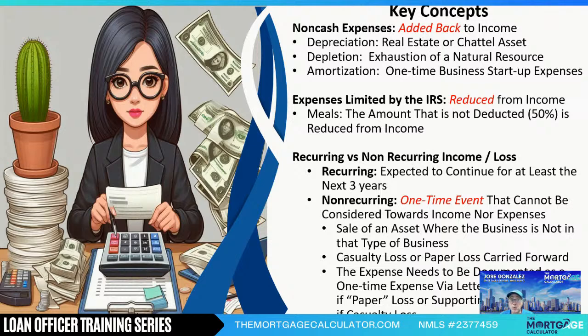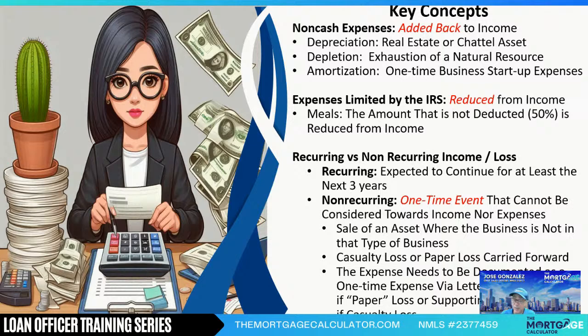Now, where we really like to use this category of non-recurring is in the losses, right? You get a non-recurring loss that you can add back. So you could have, for example, a business 4 years ago that had a $1 million loss, and through some IRS tax code, they allow them to write off $50,000 a year for the next 20 years of that loss for whatever reason.